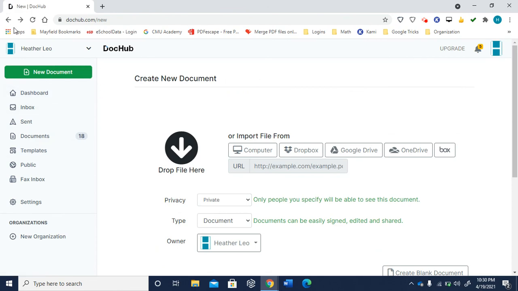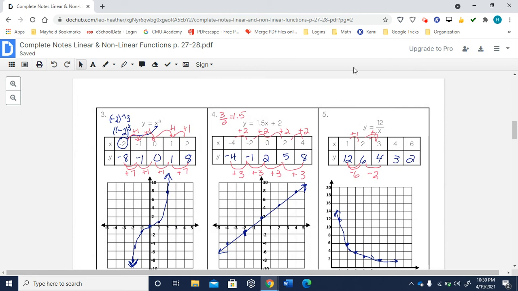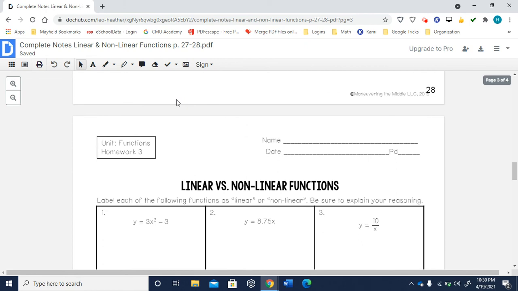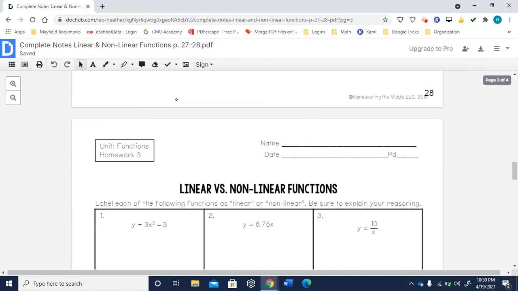So what you're going to do tonight is pages 29 through 30 as your homework. Okay. For tonight. If you do have questions, you can email me and we'll go over it tomorrow in class.